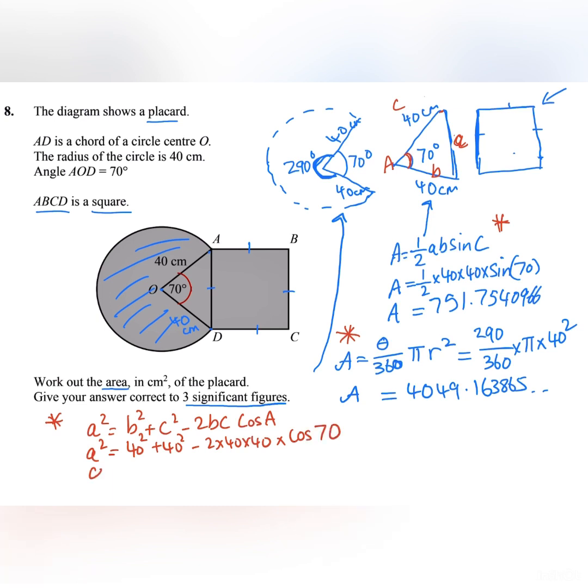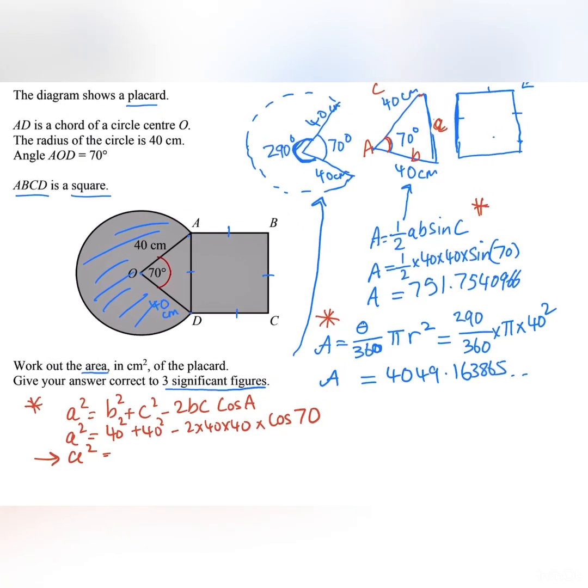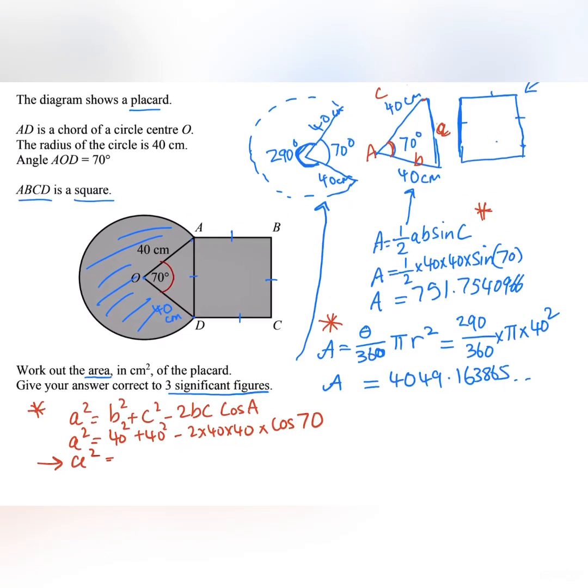Now, if you put all this into the calculator, don't forget to square root the answer. Actually, I'll tell you why we might not need to square root it here, because we're looking for the area of the square. If you square root it, that will give us one side, but you're going to end up squaring it again, because the area is length times width. So you might as well leave the answer at that point.